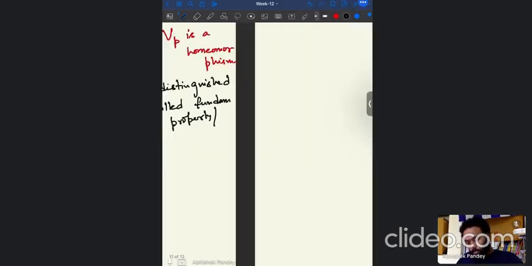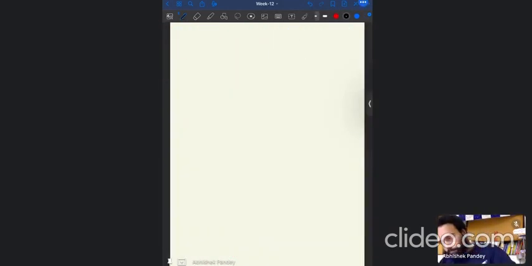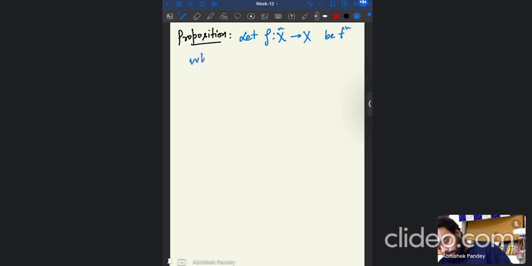Okay, so here's the proposition. Let rho from X tilde to X be a function which satisfies condition A. Then we have the following.